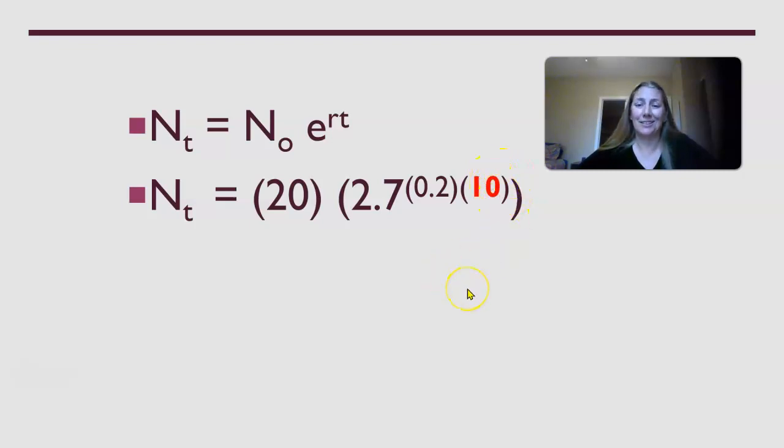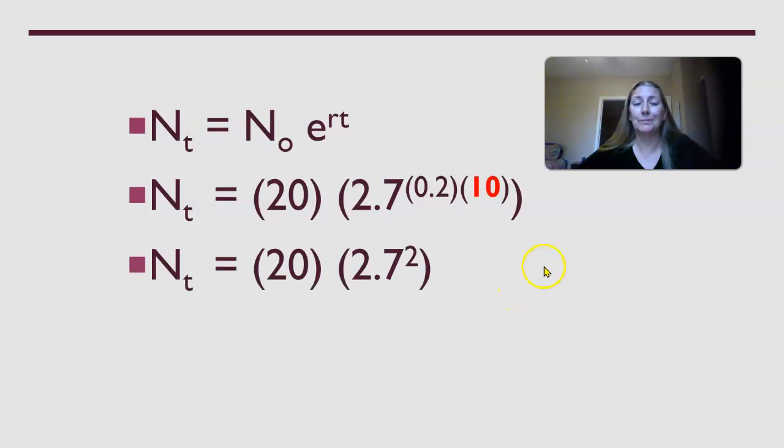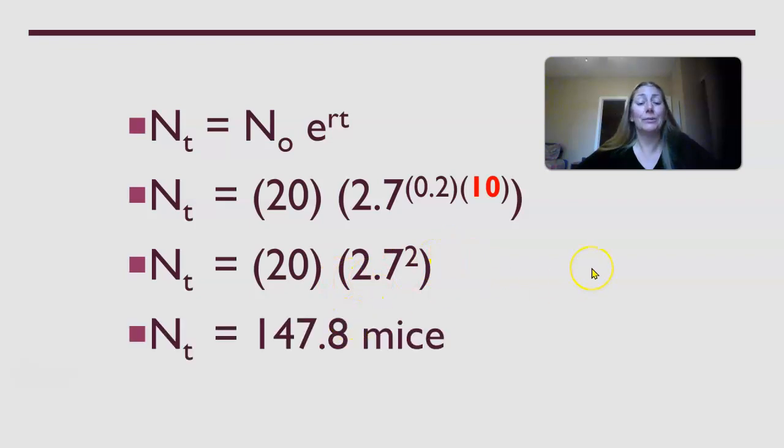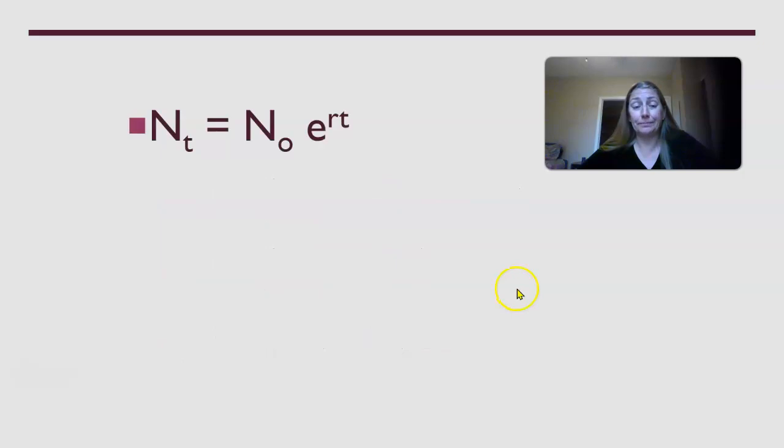So 10 times 0.2 is 2, and then 2.7 squared times 20 is going to give you a total of 147.8 mice. And you do need to know how to do this for the AP exam. They will not give you a formula sheet, so this might be a formula that you either need to memorize, or if you have a graphing calculator, plug it in to your graphing calculator.